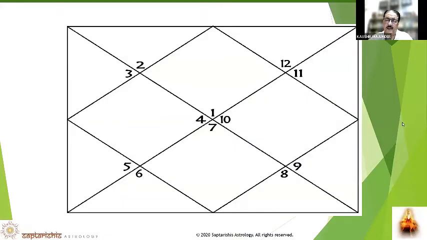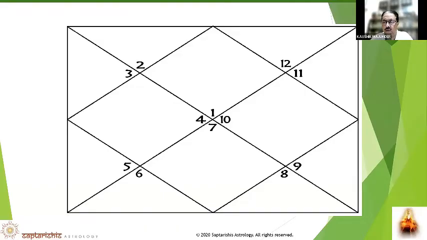Now, what I want to demonstrate to you is that there are two styles of charts which we generally use in Vedic astrology, which are more predominant. One is the North Indian style and the other is the South Indian style. There is another style which is used in the eastern part of India, but for today's lecture, I am not discussing that.